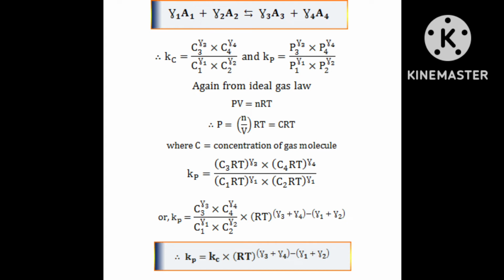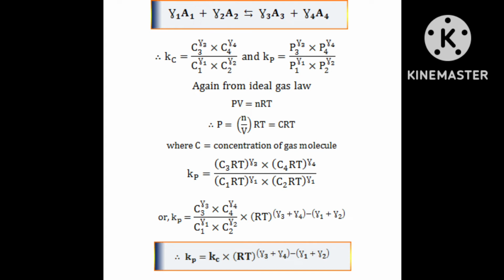HI square divided by H2 into I2. You know that HI square divided by H2 into I2, that is equal to Kc. Already you have written. Then now it became Kp is equal to Kc.